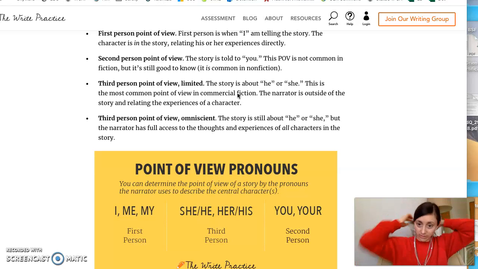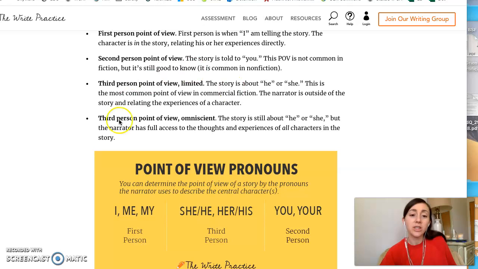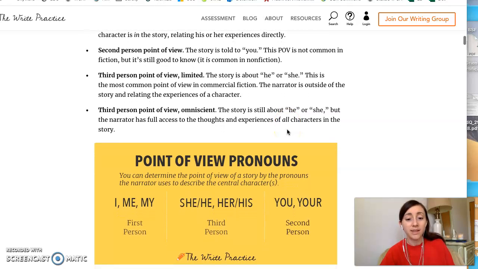Whereas an omniscient narrator is still about he or she, but the narrator has full access to the thoughts and experiences of every character in the story. That would be the third person omniscient point of view, which is the same term we use for God, the godlike perspective, that you get to see the intricate details of everyone.